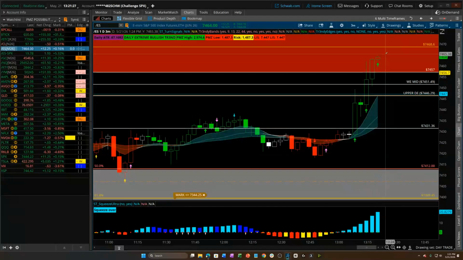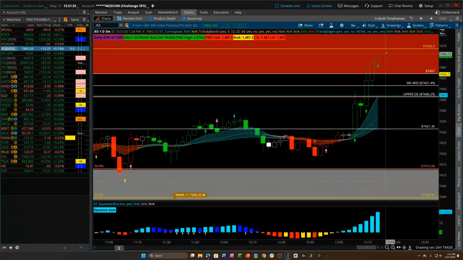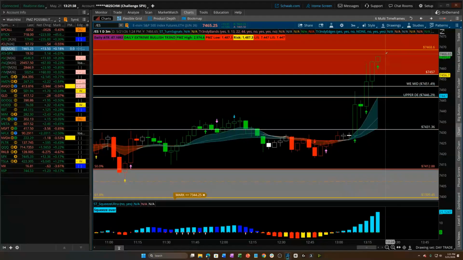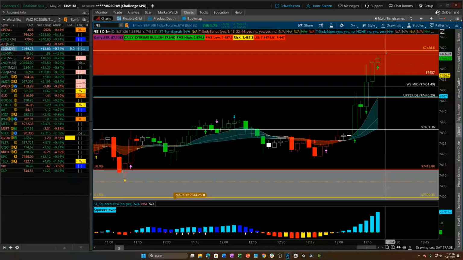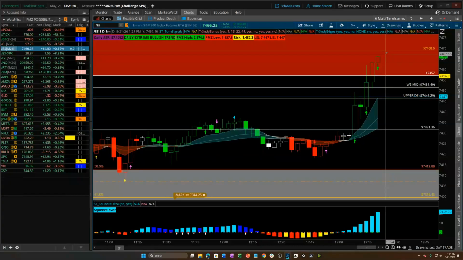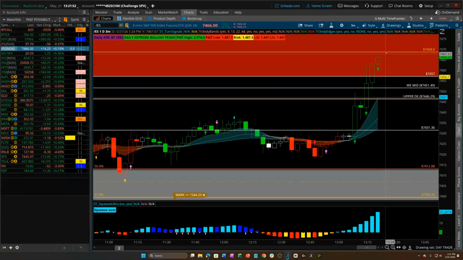I was profitable and would have great profits, and then I would get a little overconfident and step in front of moving freight trains to the upside or falling knives to the downside. I wouldn't become red on the year, but I would give back too much of my profits. That's what led me to come up with the confirmation process.